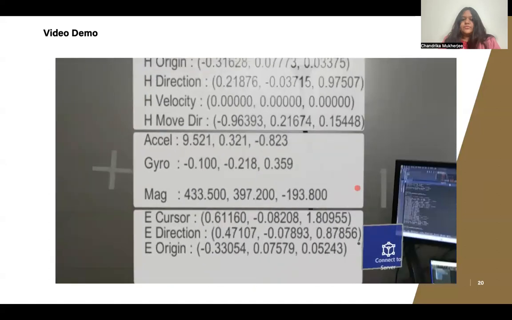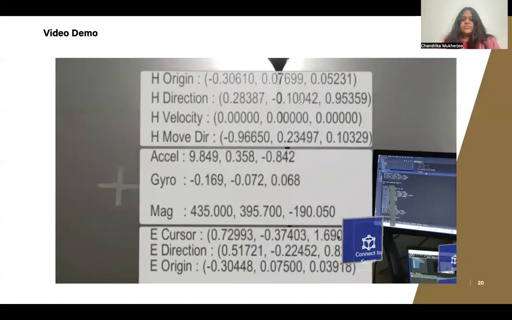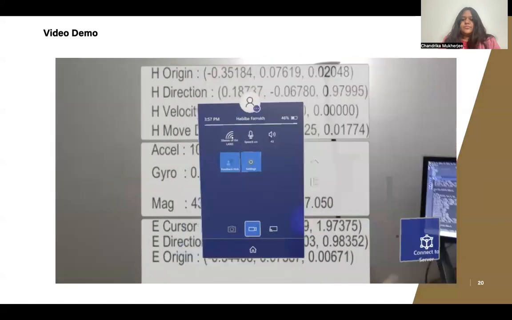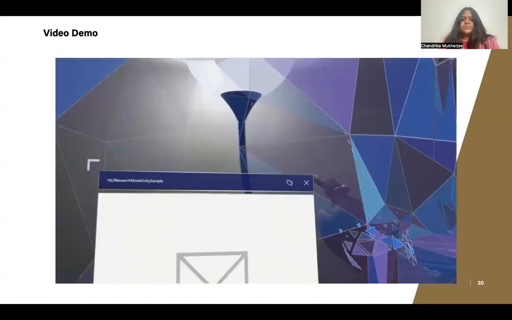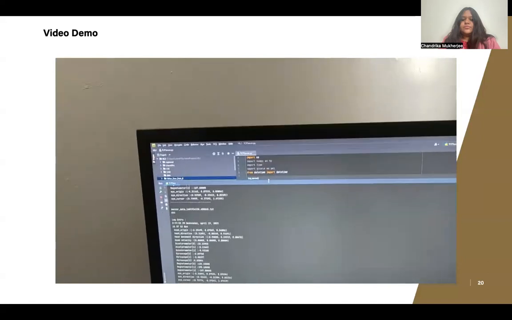So yes, this was the development for my part A and part B. I will now stop the server, close the app, and show you the text files that were captured by the server.